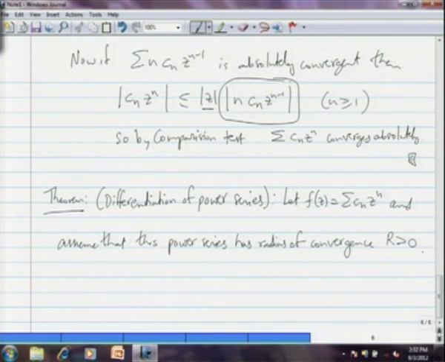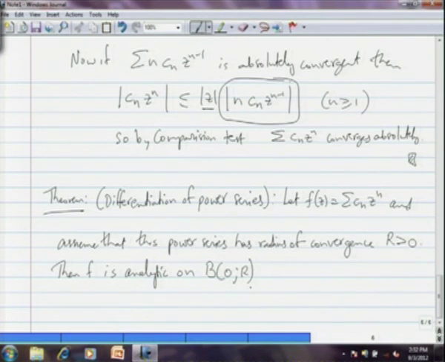So, we want a power series with positive radius of convergence. Okay. So, then f is analytic on B 0 R. That is the conclusion.